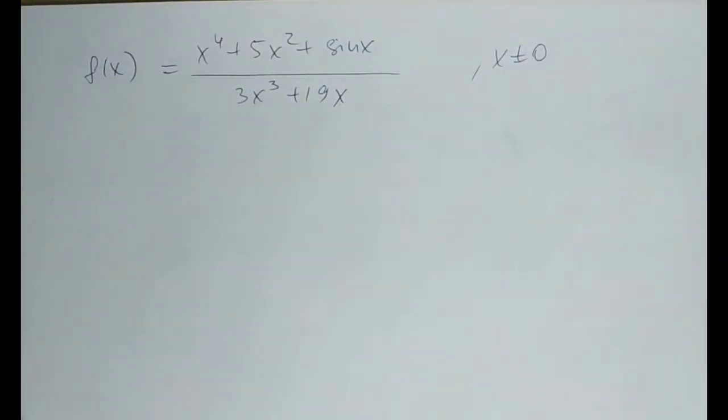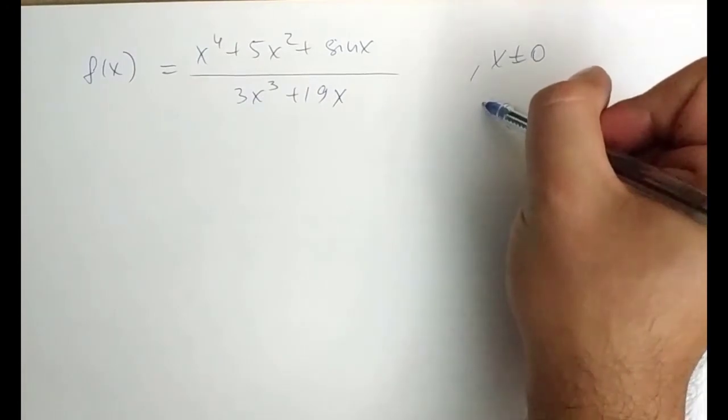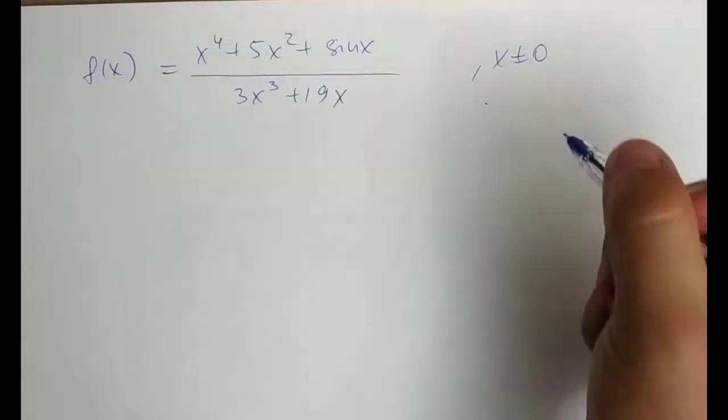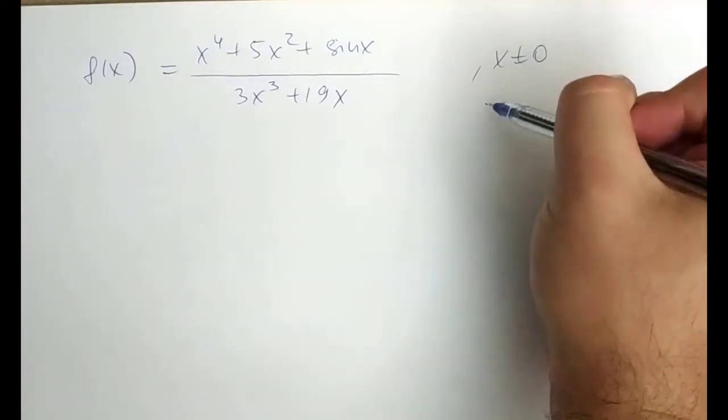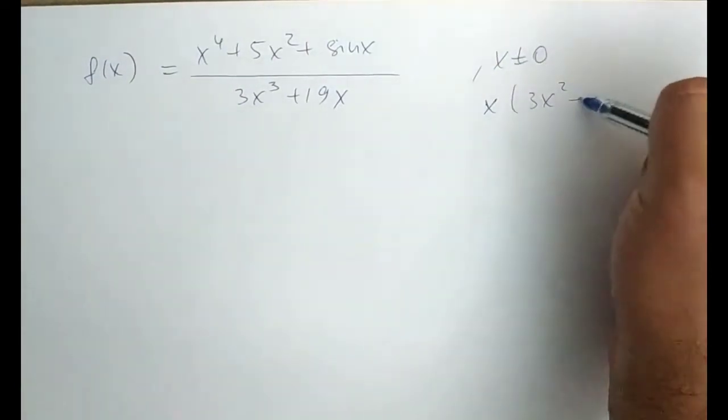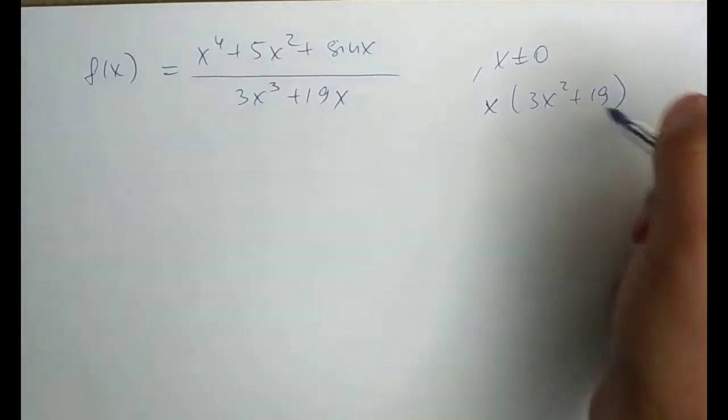In this case, our denominator is not equal to 0 for all x not equal to 0, because the denominator is x times 3x squared plus 19, and this is always positive.